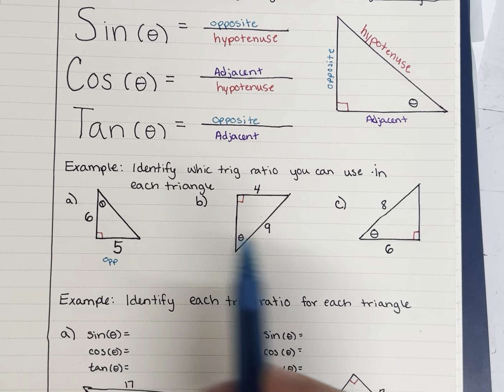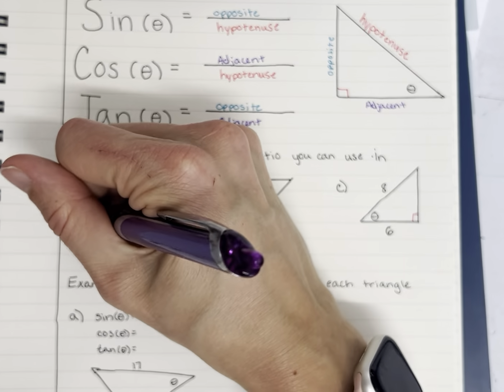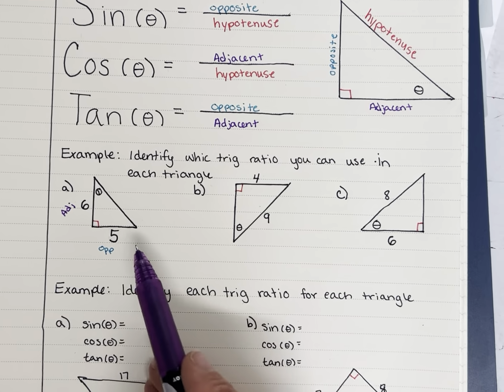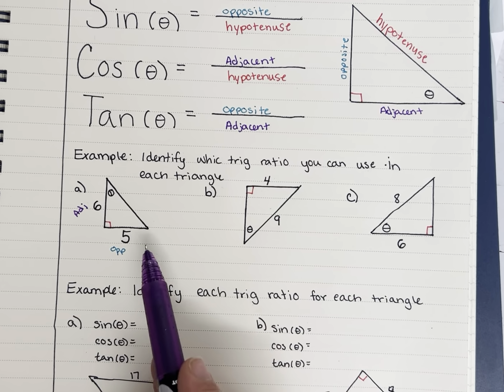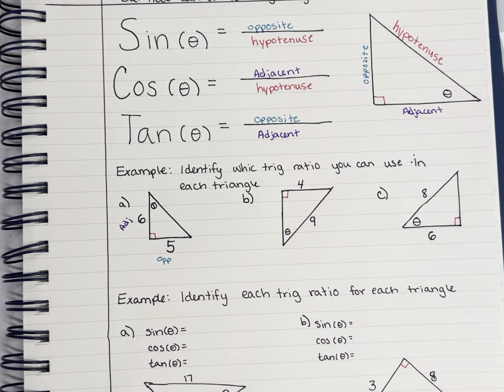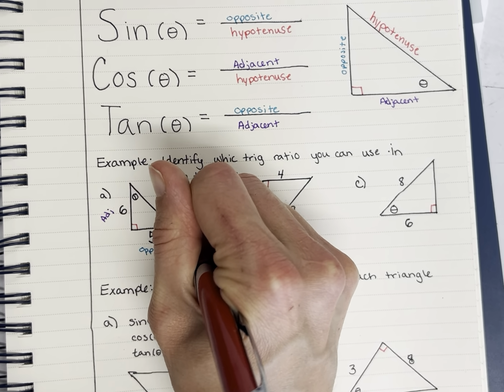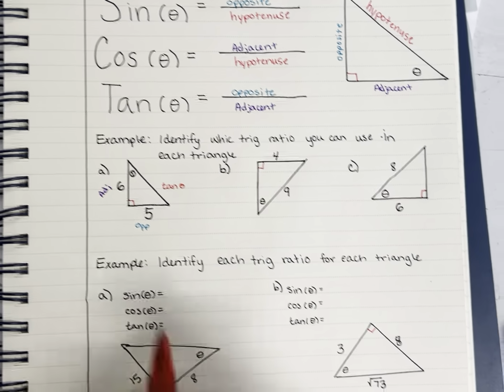And this 6 is adjacent to the angle, so ADJ. Now, which function uses opposite and adjacent? Well, that's tangent. So we would say tangent theta. We're not going to worry about finding the ratio. We're just going to say tangent is the one that we would use because it has the opposite and the adjacent.